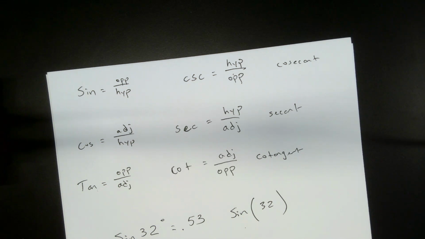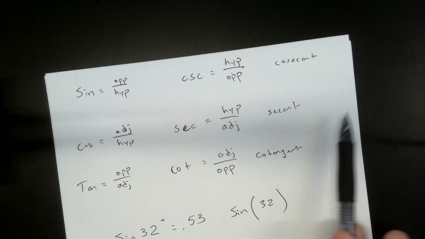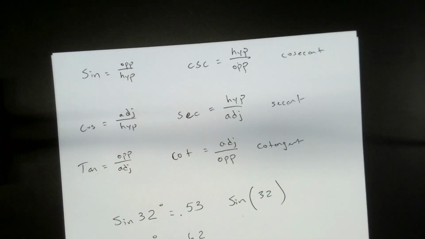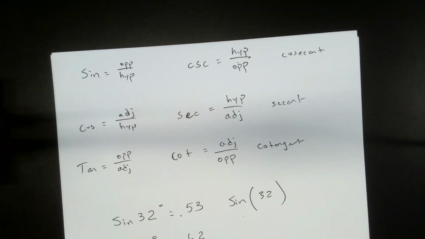That's very important. Sine is opposite over hypotenuse, cosine is adjacent over hypotenuse, tangent's opposite over adjacent. These other three, you're going to see them on one type of problem. I don't think it's tricky. All you got to remember is that cosecant is hypotenuse over opposite, secant's hypotenuse over adjacent, and cotangent's adjacent over opposite. They're just flipped from the one that they're across from.